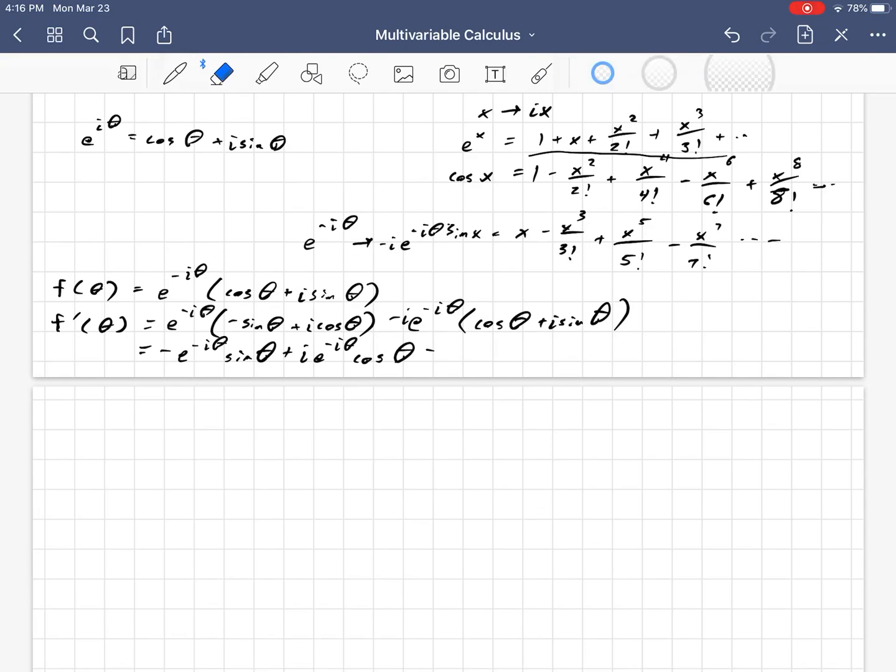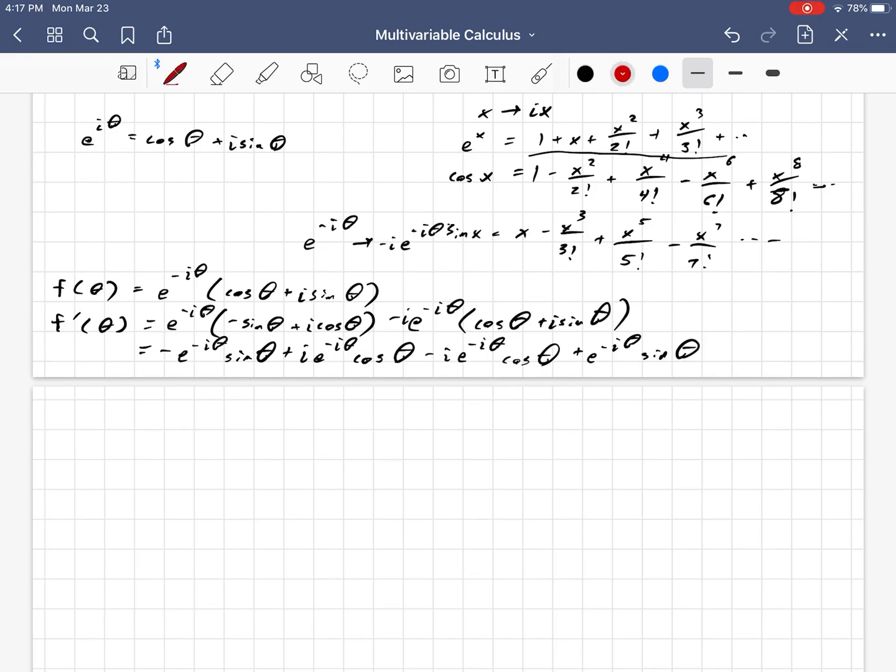Because when we differentiate, the theta becomes just 1, and then i is a constant. So minus i e to the negative i theta times the cosine of theta. And we have a negative i squared, that's 1, so plus e to the negative i theta times the sine of theta.